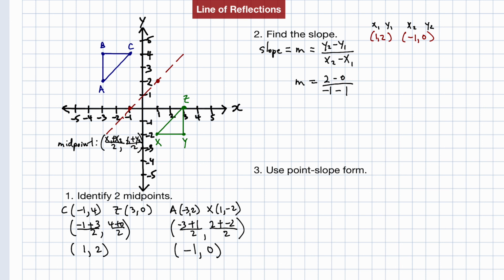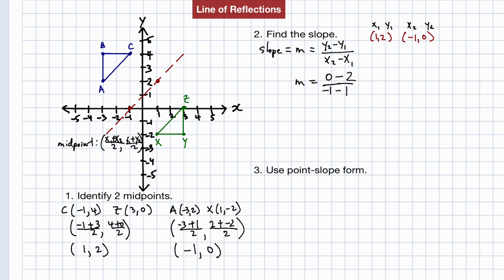Okay, so again, y2 is right here, so we put that in there, minus y1. I'm sorry, it's the other way around. y2 is 0, so let's go ahead and fix that. So it'd be 0 and then minus 2.